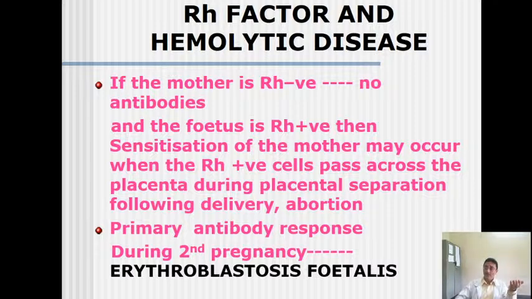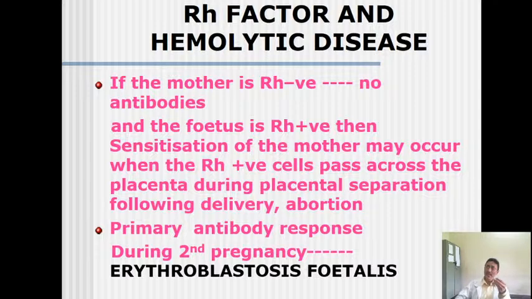So the antibodies are developed in the maternal circulation. Now, during the second delivery or the second pregnancy, these antibodies which have been developed in the maternal circulation will now cross the placenta into the fetal circulation, and these antibodies will start destroying the fetal Rh positive cells.